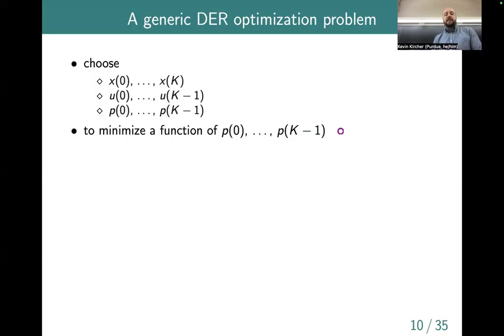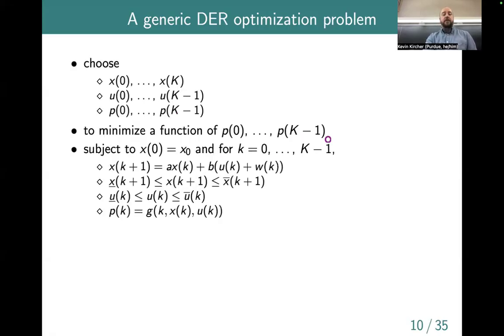Typically, this is not perfectly general, but very often the objectives are really a function of that power trajectory. So we want to shape that power profile. And we can do that for various reasons. But that gives us some function of the P trajectory. And then we have some constraints. So often we will know the initial state of our system. So we might know what the temperature in the building was at the beginning of the day, or how much energy was in the electric vehicle when someone came home from work.